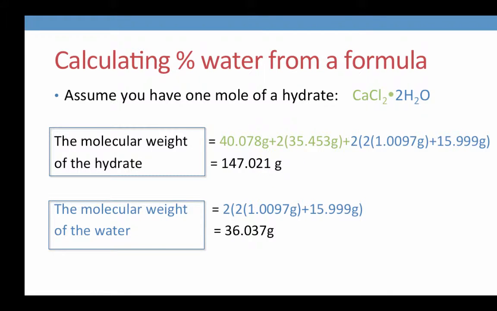We next find the mass of the water alone, and we can do that by simply isolating this last part of our calculation. So 2 waters, so 2 times 2 hydrogens plus 1 oxygen, gives the mass of water as 36.037 grams.